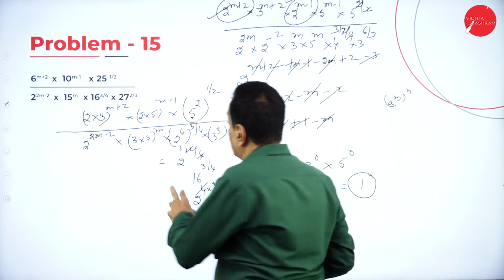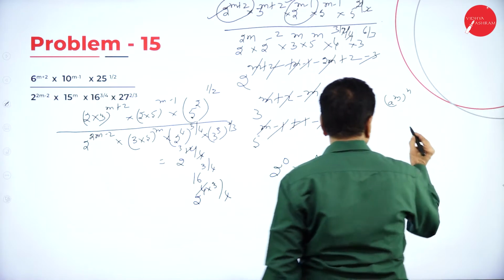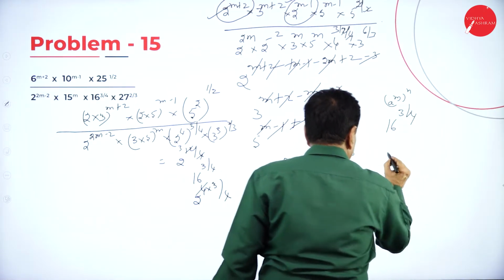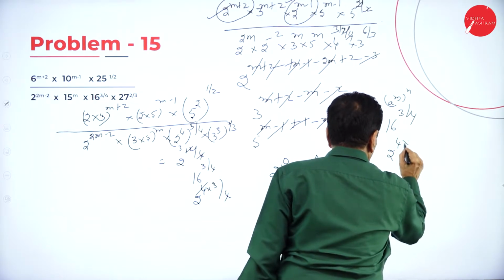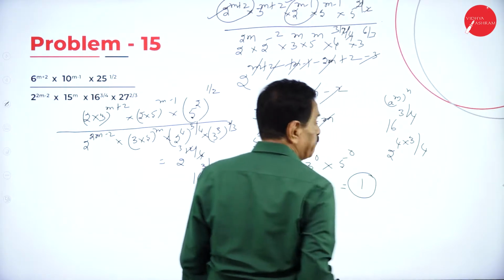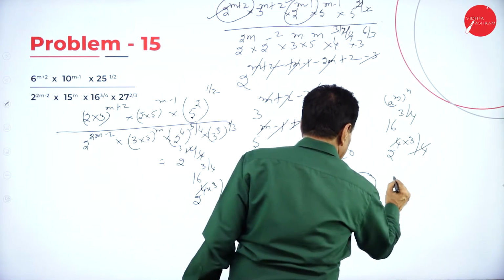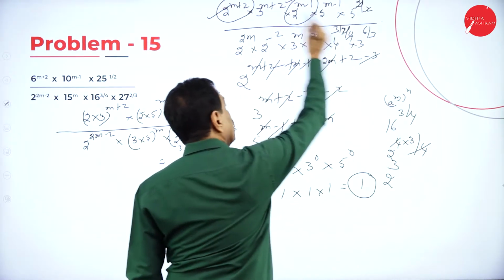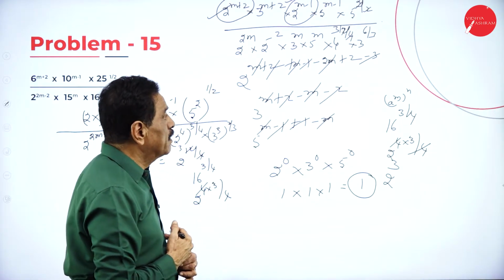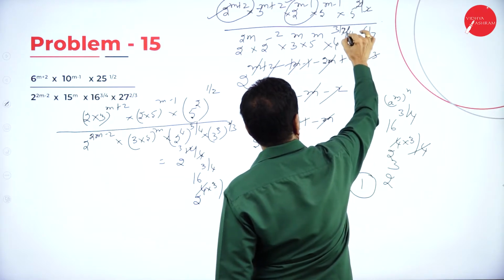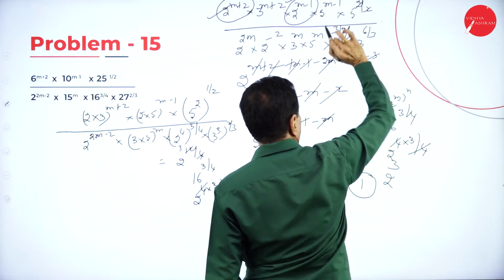If you feel difficulty here, you will simplify that. 16 to the power of 3 by 4 can be written as 2 to the power of 4 into 3 by 4. This can be simplified. 4 4 cancelled out. This is 2 cube. If we come outside, plus 3 becomes minus 3, I have taken. 4 4 cancelled, 3 by 2. 4 3s are 2 cube, cancelled out.